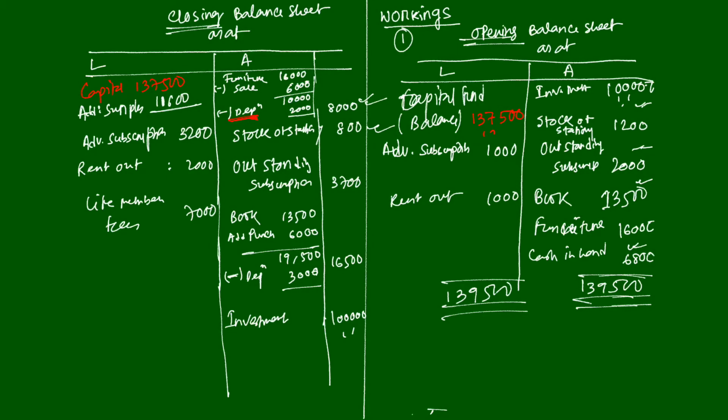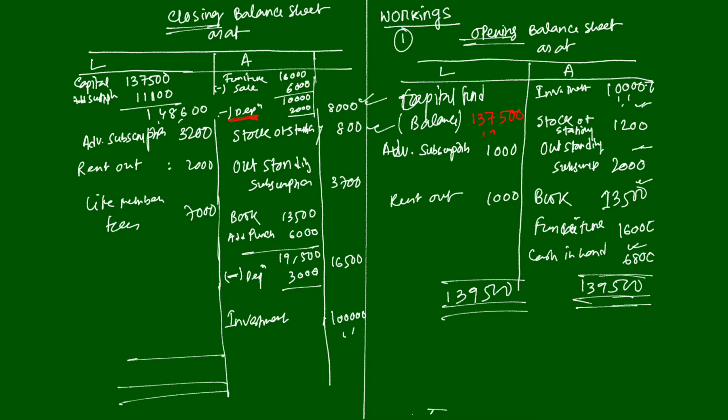Total capital will be 1,48,600. If you add everything, 8,000 is there, 1 lakh is there, then 800. Yes, that billing is not there.